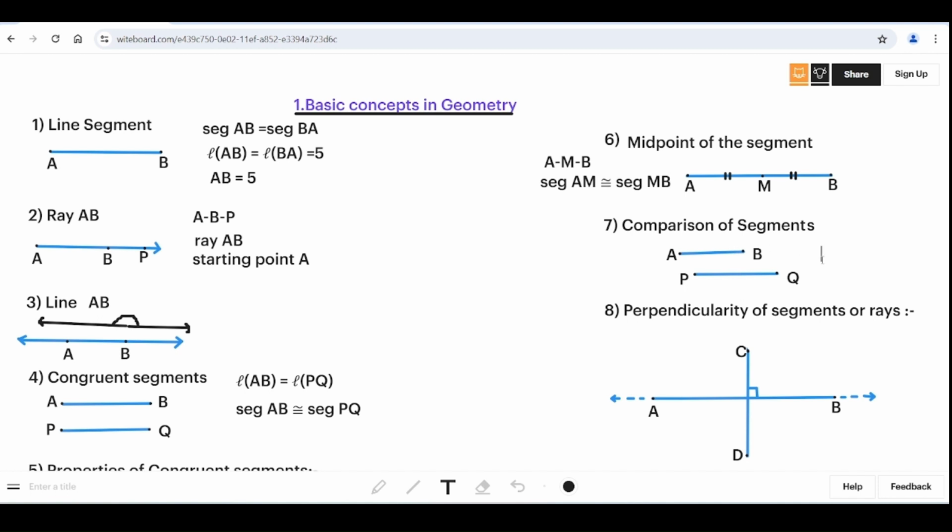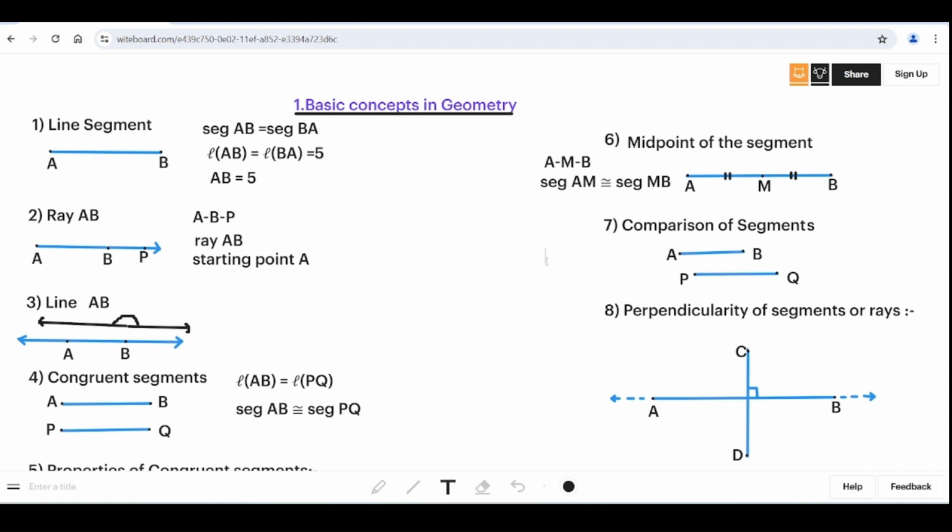So we can say that AB is smaller than PQ.